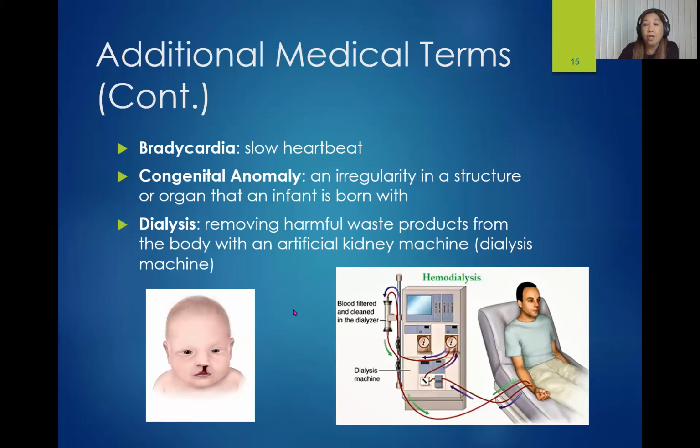These are all congenital anomalies. There are some causes of non-hereditary congenital anomalies, so genetic defects or chromosomal disorders, environmental teratogens, nutrient deficiencies, infections, all of these can also cause non-hereditary congenital anomalies.